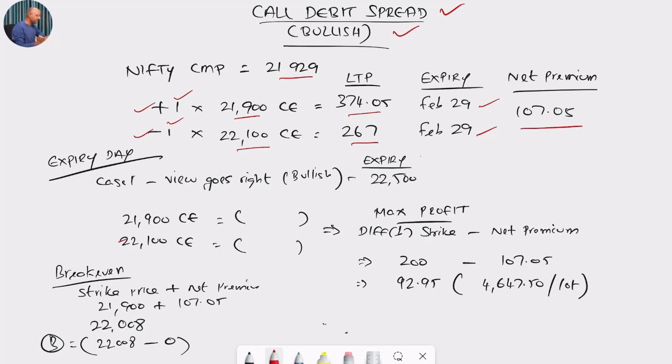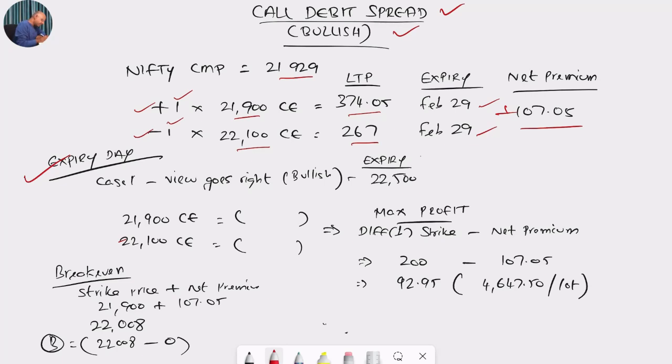The net premium is the premium paid, which is the debit, and that is why it is called a call debit spread. Now on the day of expiry, we can have only two scenarios: either the view goes right or the view goes wrong.